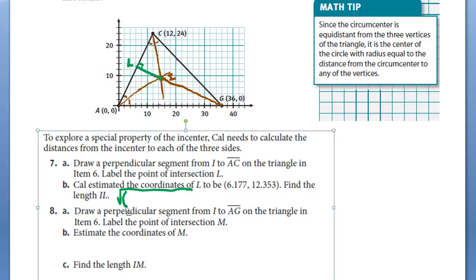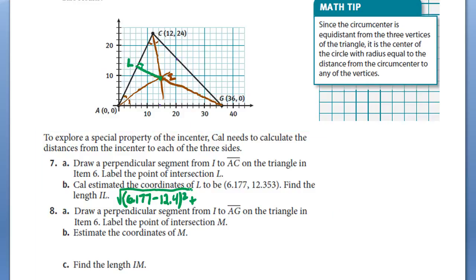So you take the difference of the x-coordinates. So the x-coordinate for point L was 6.177, and subtract the x-coordinate for point I, which was 12.4, squared, plus, and now the difference of the y-coordinates.